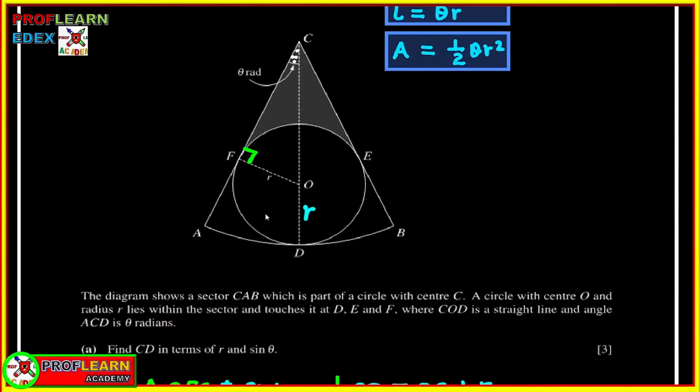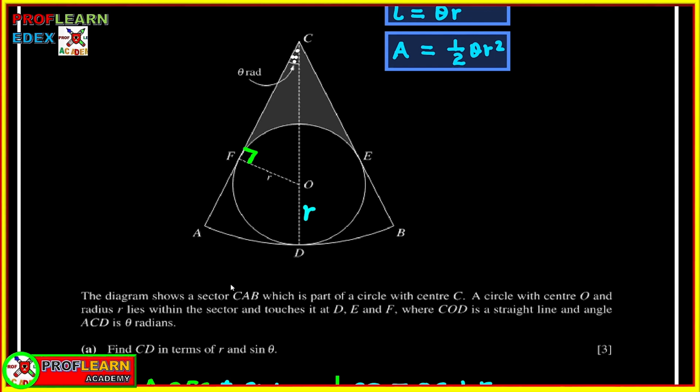Next part, we are supposed to find the area of the shaded part. Now, in order to find the area of the shaded part, I'm going to consider the triangle OFC. I work out the area of that right angle triangle OFC. Then I will subtract the area of the sector where we have the center O, right?